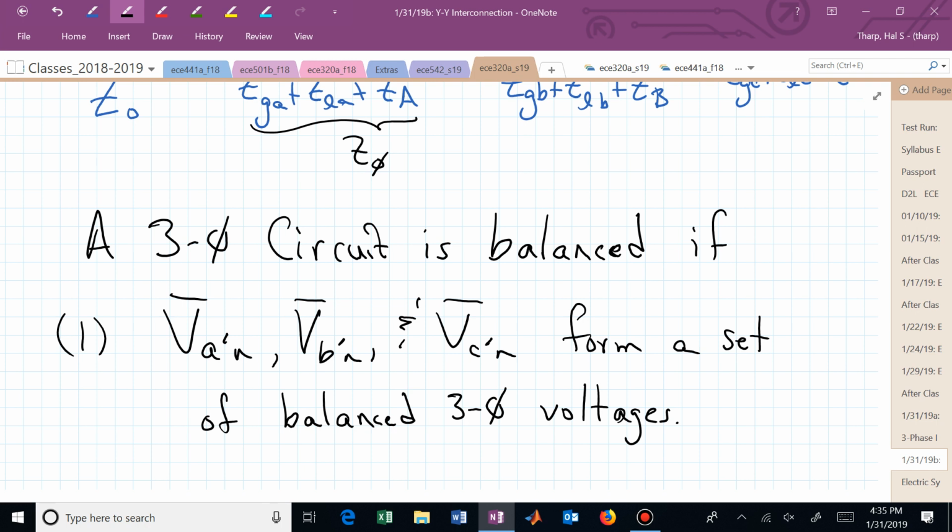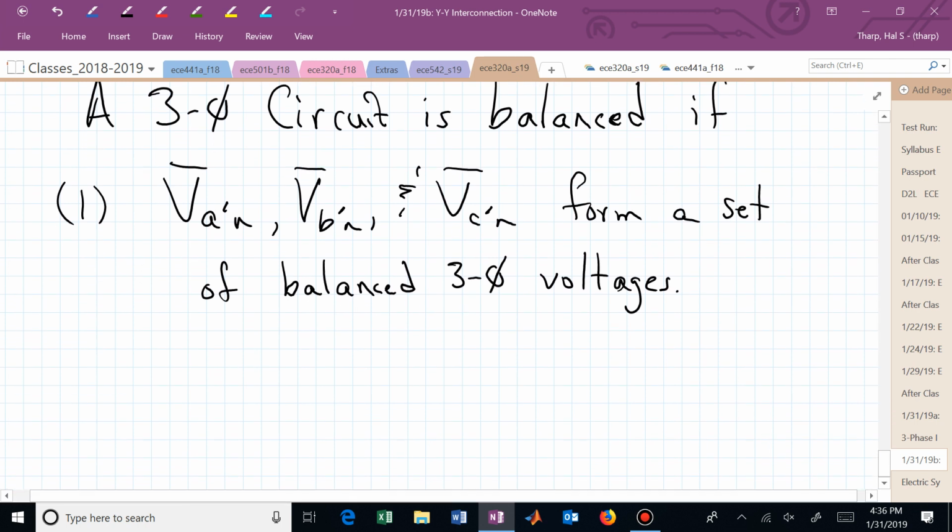If you chose V sub A prime n as your reference phasor, if that's the one where you drew your t equals 0 line, then V sub B prime n would be minus 120 degrees behind it if this was the A phase, if this was a positive phase sequence. That's one condition for the circuit to be balanced.